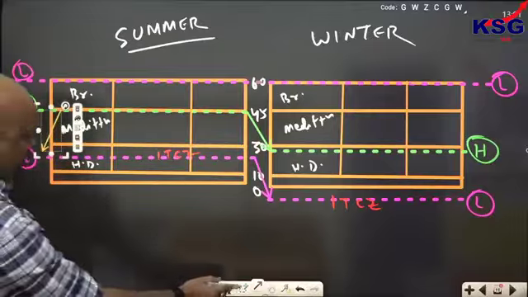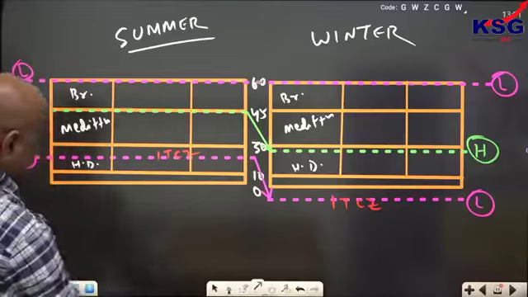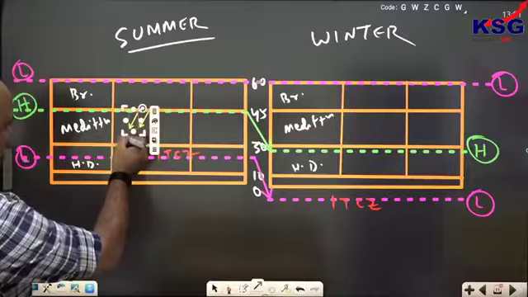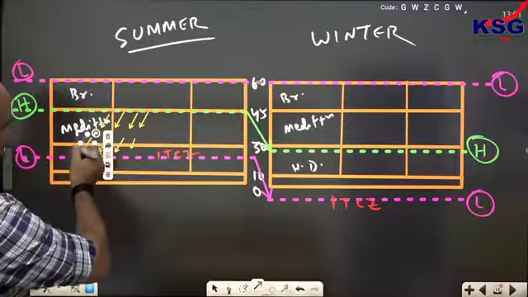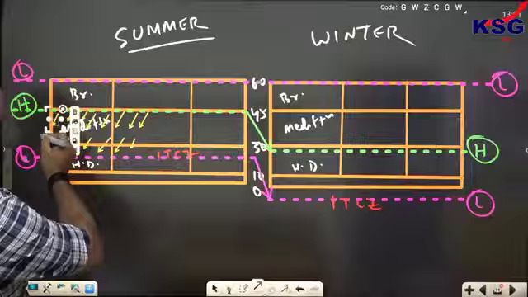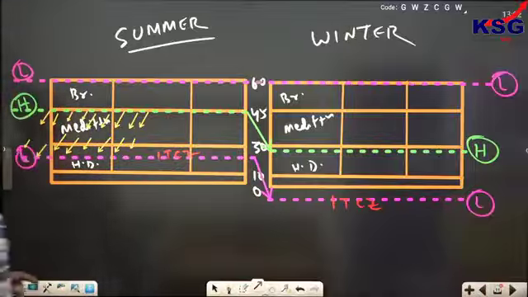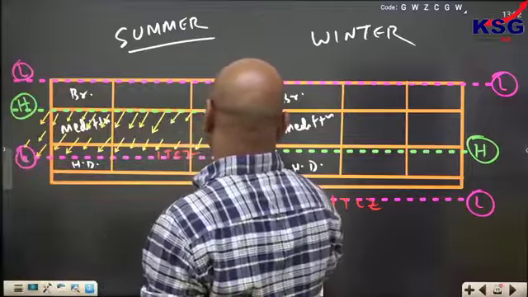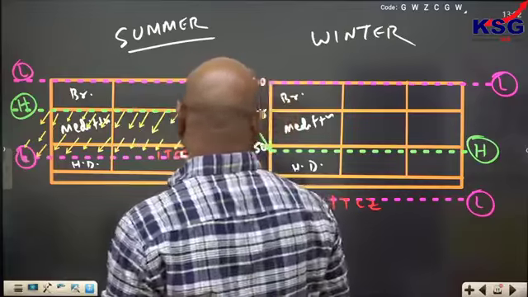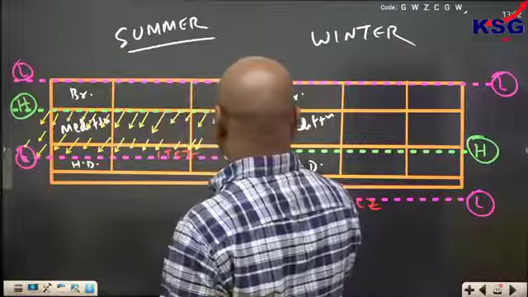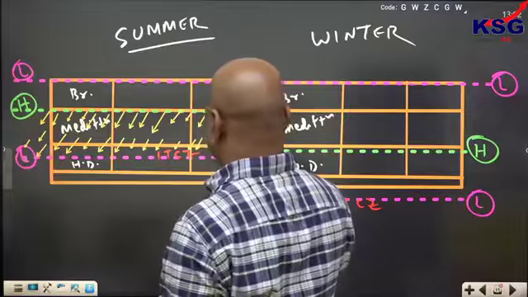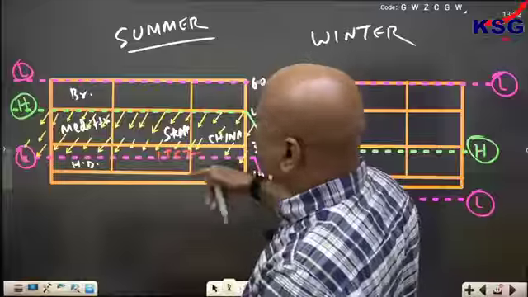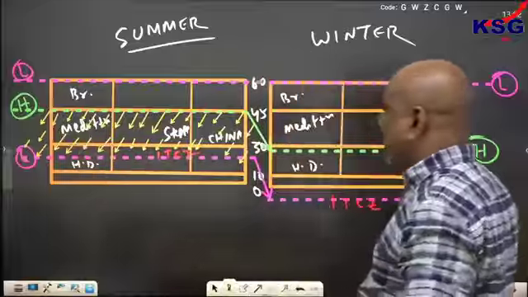Wind will blow in this way, from high to low pressure. It will be like this. This is the summer season. See which wind is this, this is easterlies wind, these are the easterlies wind here. Now if it is there, see here this is China type climate, this here is steppe climate. So China type climate will get rainfall in the summer. Mediterranean will not get rainfall in the summer. I hope it is clear now.